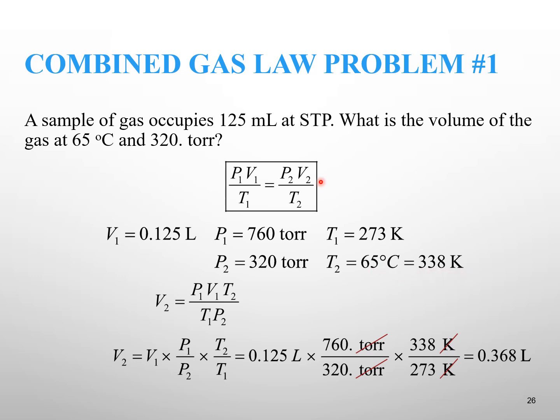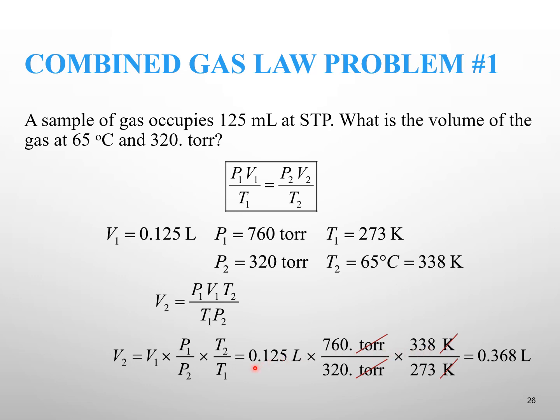Okay? So if you want to get V2, you'll have to take P1 V1 over T1 times T2 divided by P2, which is what you get over here. Then let's fill in the blanks. We put in P1 and then P2 on the bottom, and then V1 on the top, and then we have T1 on the bottom, T2 on the top.